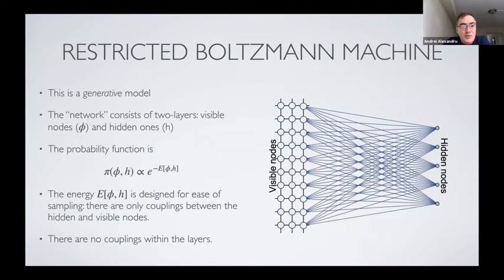To introduce this, I'm going to talk about a particular restricted Boltzmann machine. That's one generative model based on ideas from the machine learning community. The logic is the following. You have the so-called visible nodes.